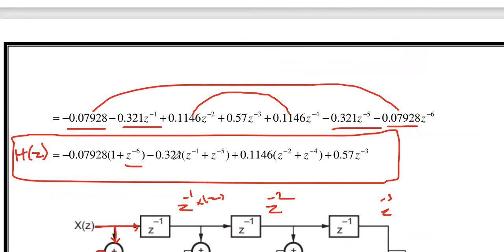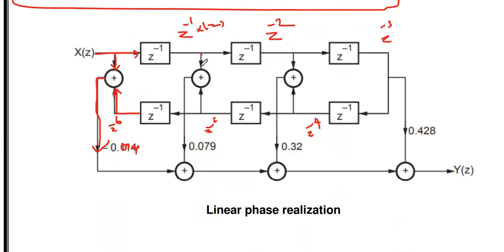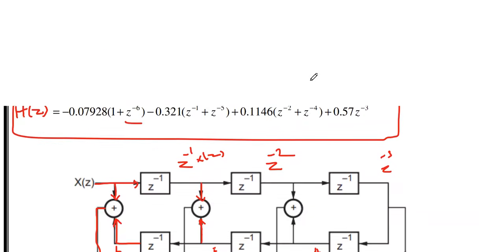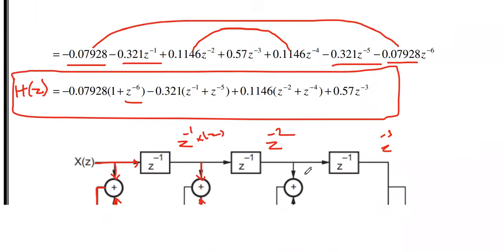Next, minus 0.321 into z power minus 1 plus z power minus 5. Where is the z power minus 1? This one, and this is the z power minus 5. We add them, and the added value is multiplied by 0.321. Then the next thing, z power minus 2 and z power minus 4, we have to combine.